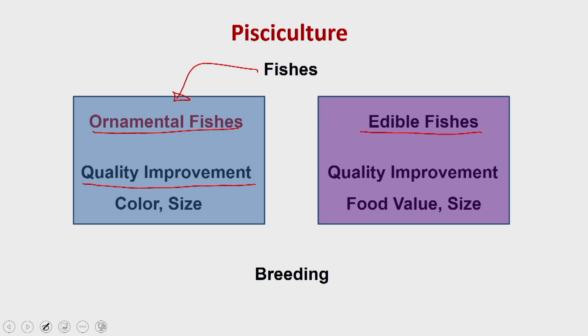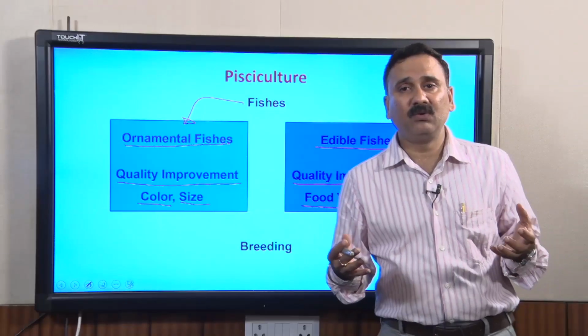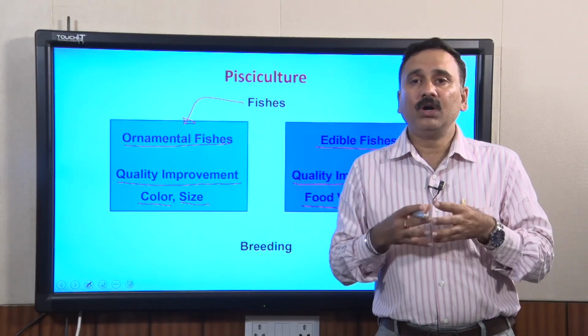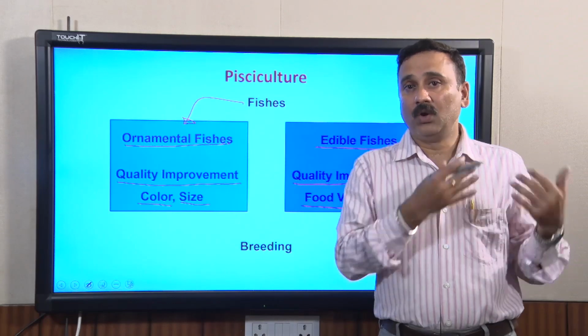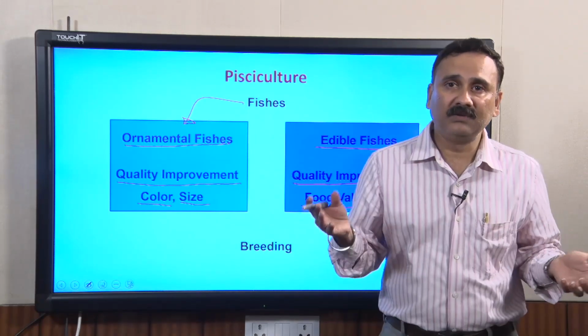In ornamental fishes, the quality improvement is in terms of color as well as size, whereas in edible fishes, quality improvement means you can increase the food value, the size, and the shelf life of that particular fish, or you can have fishes with a lower level of cholesterol or a high level of some other nutrient.